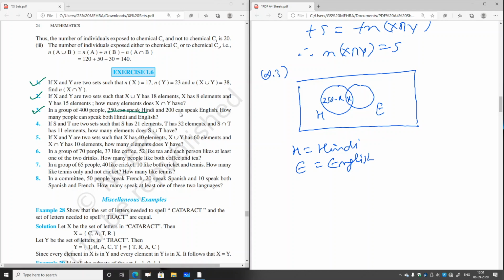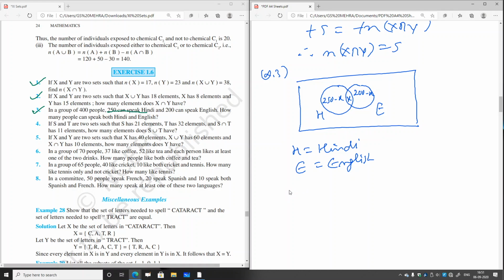The same way, 200 can speak English, but among those who are speaking English, some can even speak Hindi, so they are here. So total is 200, so remaining will be 200 minus X. And what is the overall total of people? 400.